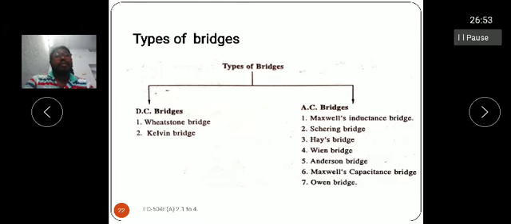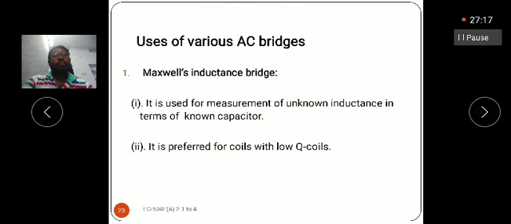In the AC bridges, we are using different types of bridges like Maxwell's inductance bridge, the Schering bridge, Hales bridge, Wien bridge, Anderson bridge, Maxwell's capacitance bridge, and Owen bridge. These are the types of bridges in the AC bridges and DC bridges.